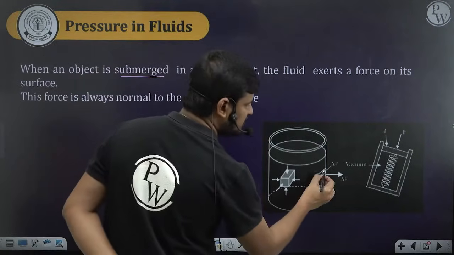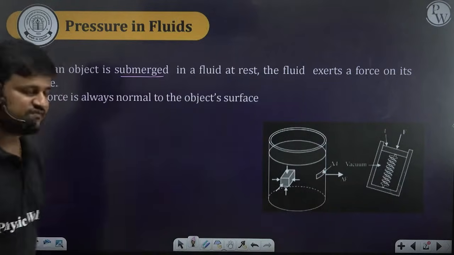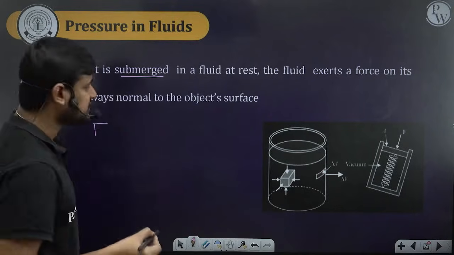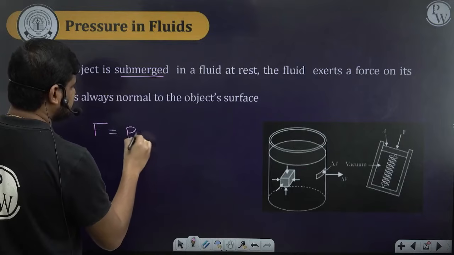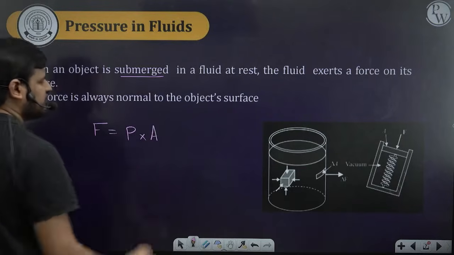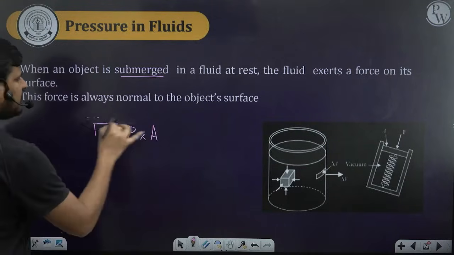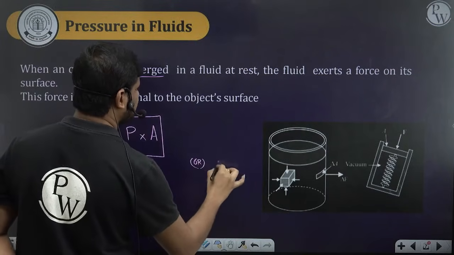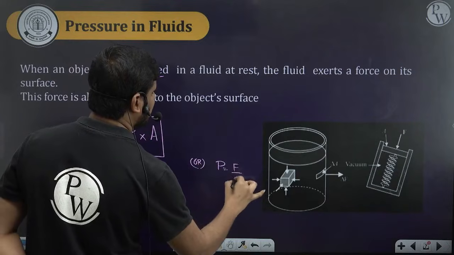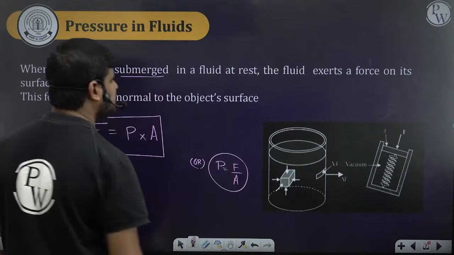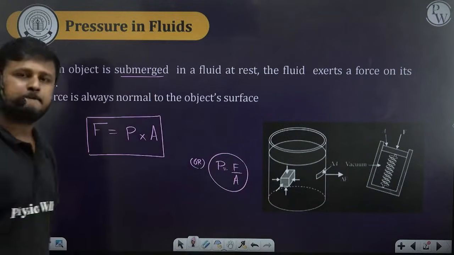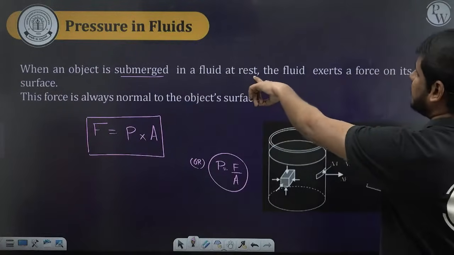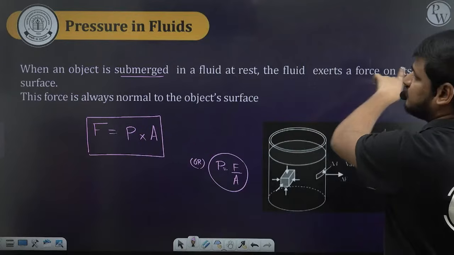The force is equal to pressure into area, or we can also write pressure is equal to force upon area. Whenever an object is placed inside the liquid, it will experience a pressure.